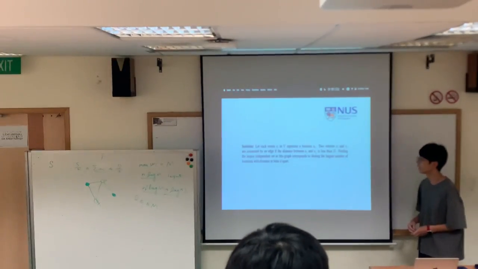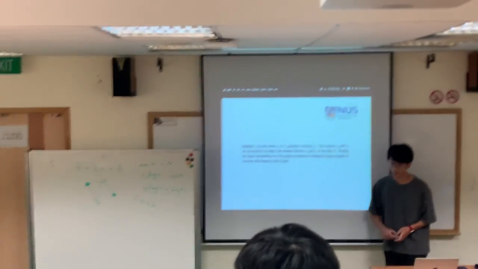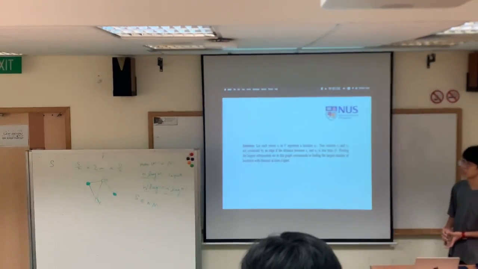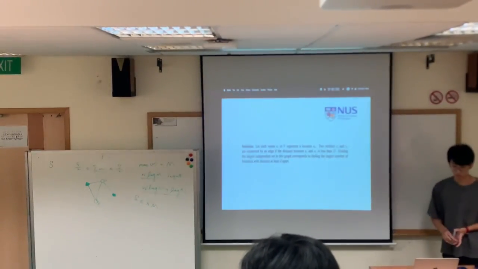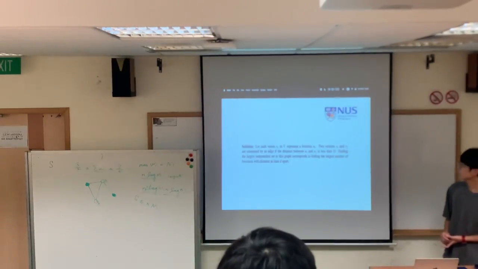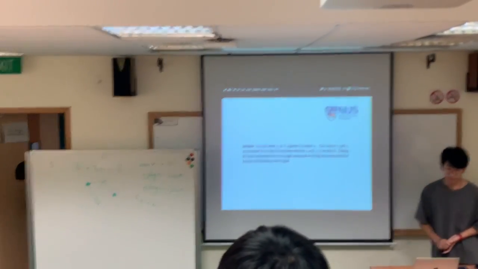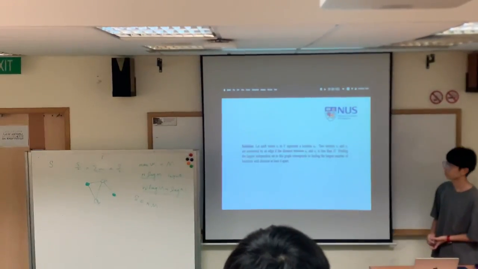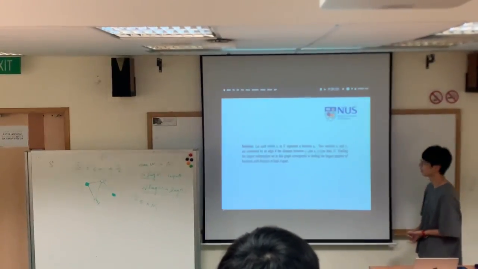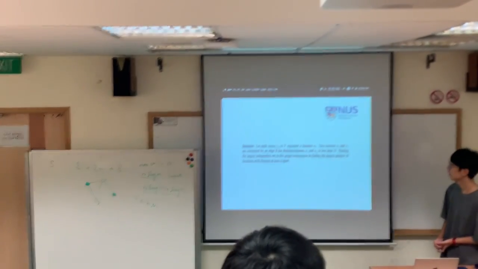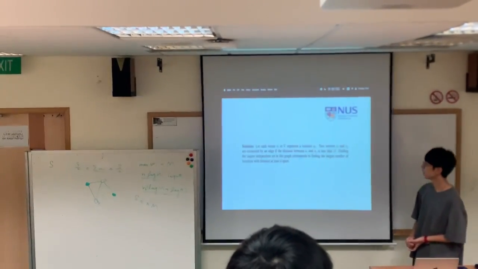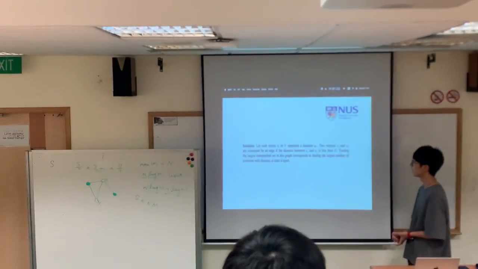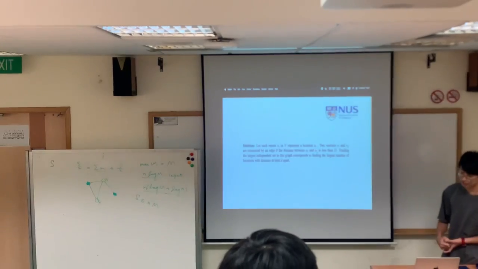So the solution is that for any pair Ai and Aj, if their distance is less than d, then we draw an edge. And then after drawing the edges, we run the independent set algorithm on this, which finds the largest number of vertices that are not connected by an edge, which means every pair is of distance at least d.